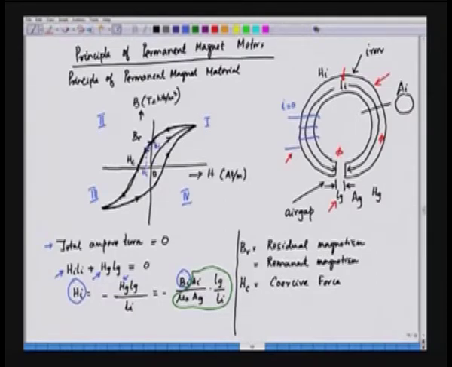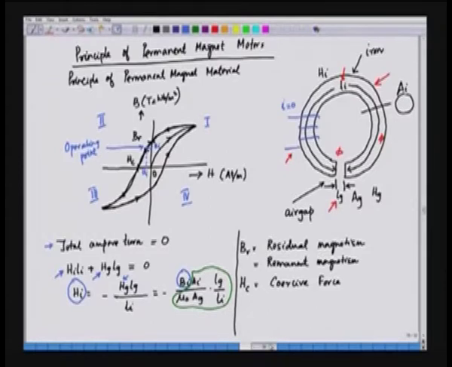So, this is our operating point. For discussing the characteristic of a permanent magnet motor, we will only talk about the second quadrant of the BH characteristic.